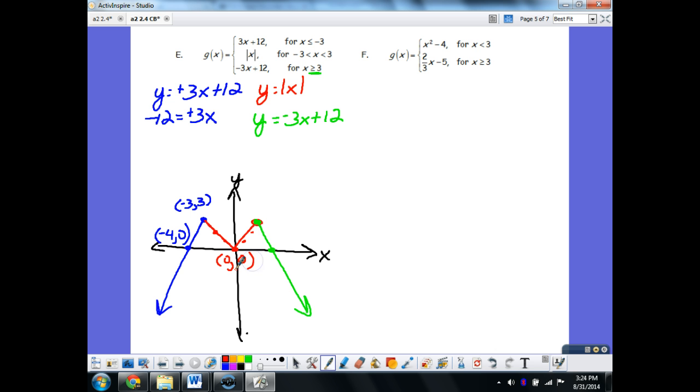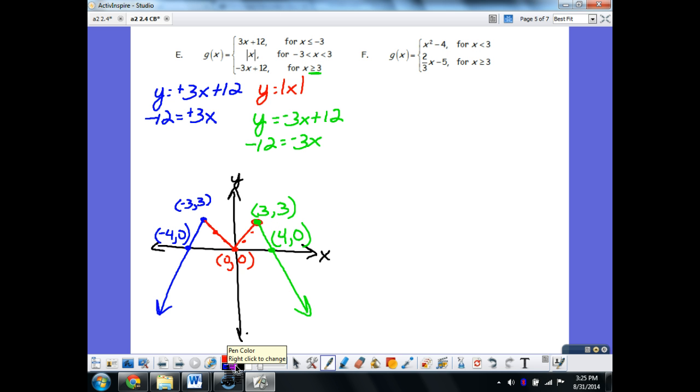The x-intercept out here again is found by plugging 0 in for y. Subtracting 12, we have -12 is equal to -3x. When we divide by -3, we have 4. So once again, this is the point (4, 0). And that's what the graph looks like.